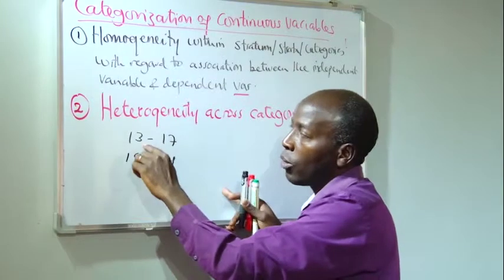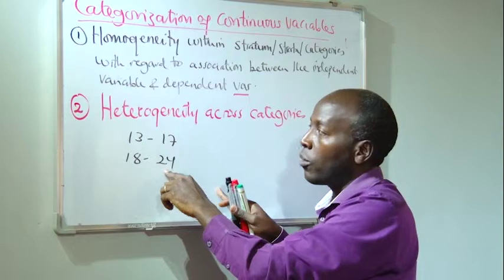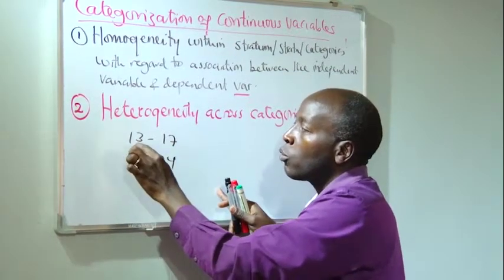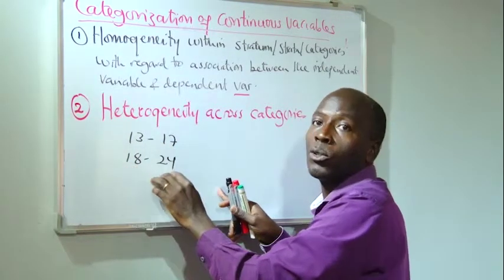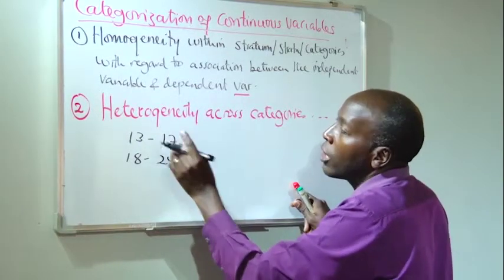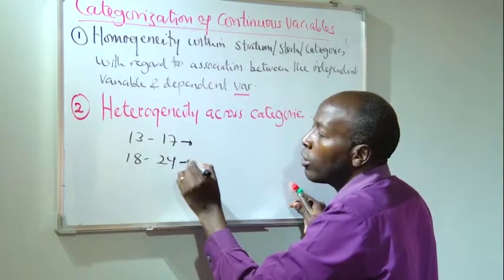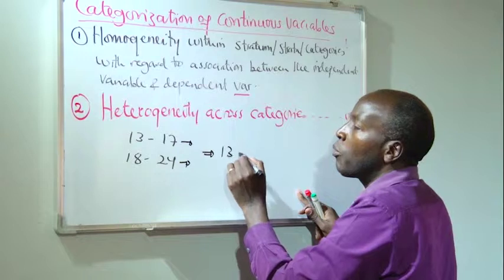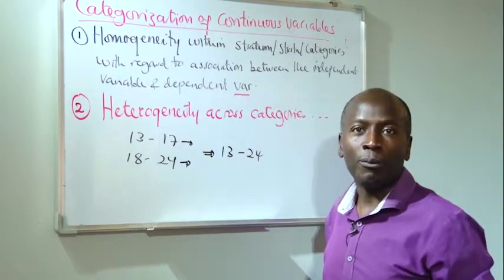If this category from 13 to 24 is the same, if these are the same as these, then I have no reason to do 13 to 17 and cut off and then do another 18 to 24. If they are not heterogeneous, in other words, if this group is not different from this group, then it makes sense to make one group which is 13 to 24 because they are uniform.